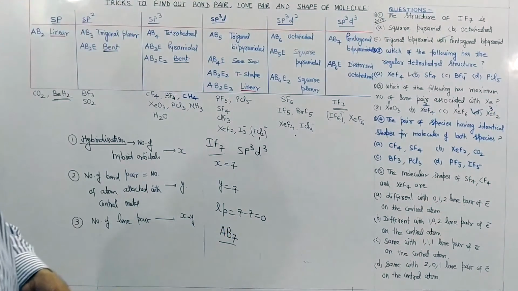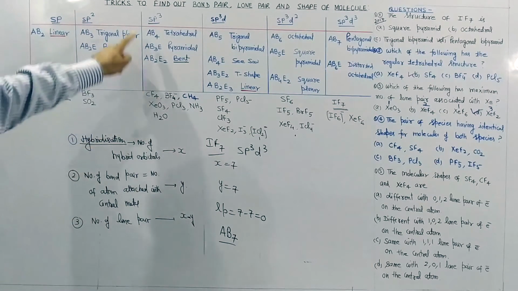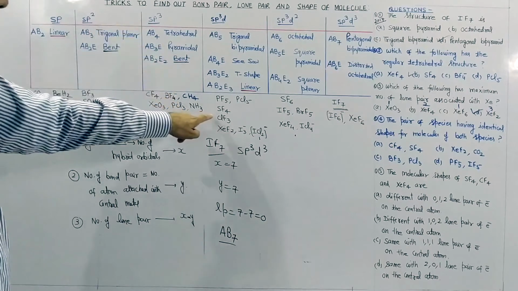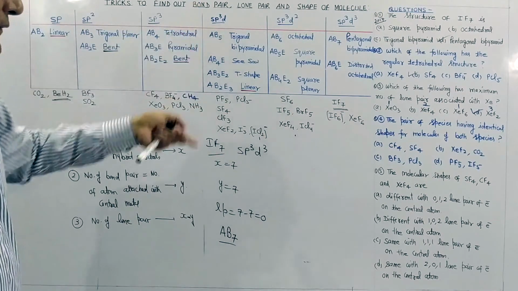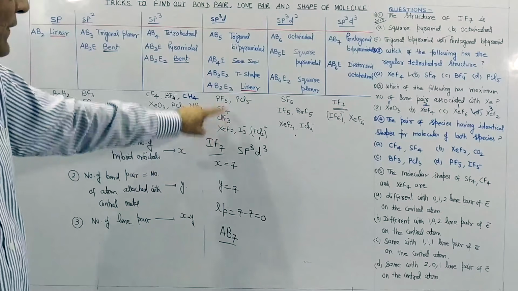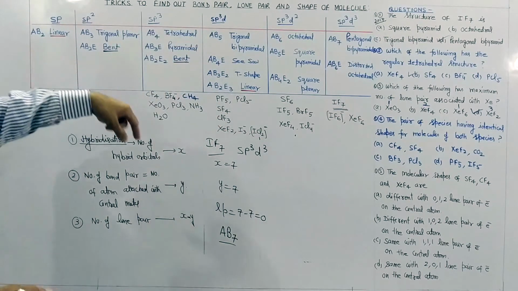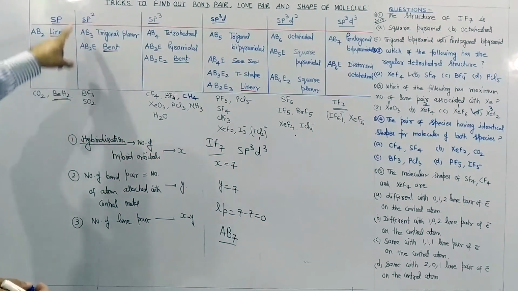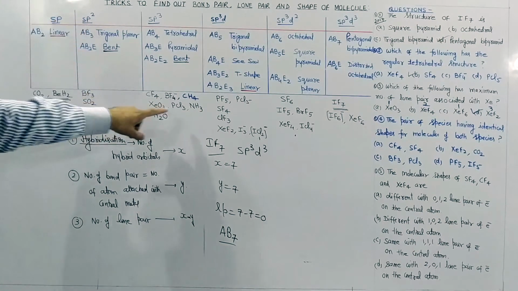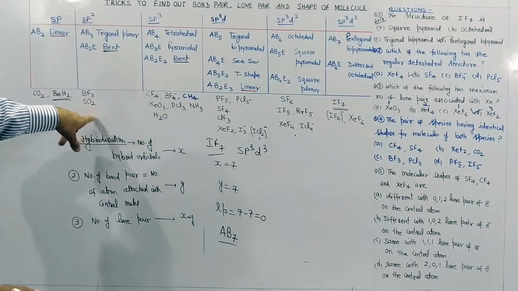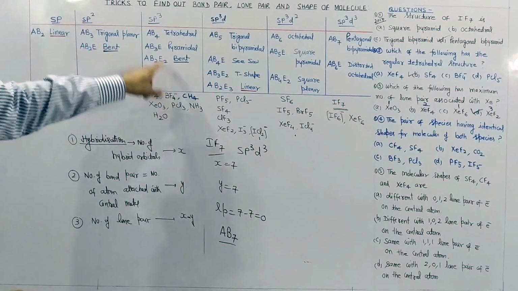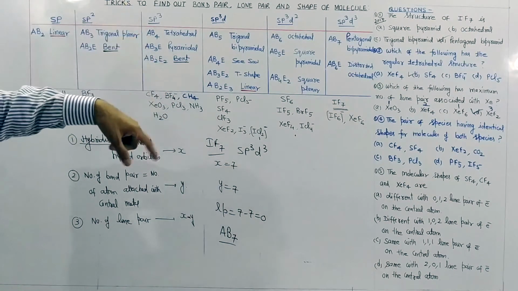Now next question is: the pair of species having identical shapes of molecule of both the species. Identical shapes. CF4 is sp3, SF4 is sp3d, it means they are different. XeF2 is sp3d, CO2 is sp, they are different. BF3 is sp2, PCl3 is sp3, they are different.